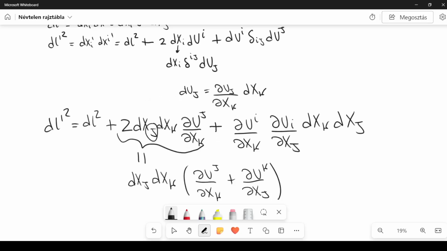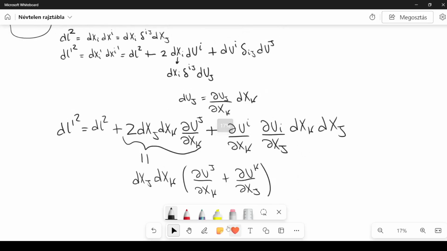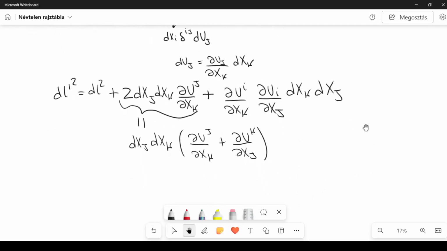It's symmetric with respect to j and k. It's easy to see because we have the same differentials here with two different indices, which are dummy indices. And now I can put these terms together like this.